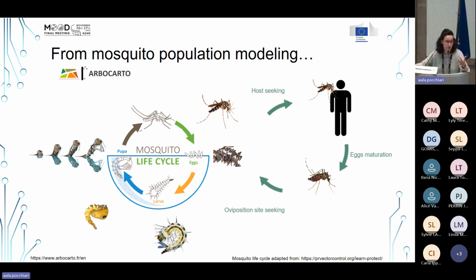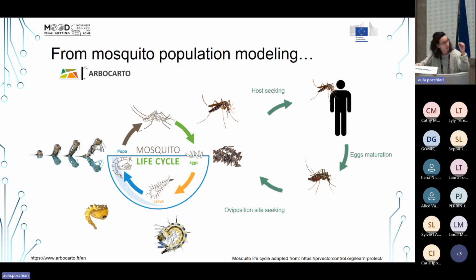So we used a model that is well known by modelers in mechanistic modeling for mosquitoes. It's the ArbocartoR model, which was developed by Annelise Tran and her team at CIRAD in 2013. This model is really great here because it splits the mosquito life cycle into the different stages.